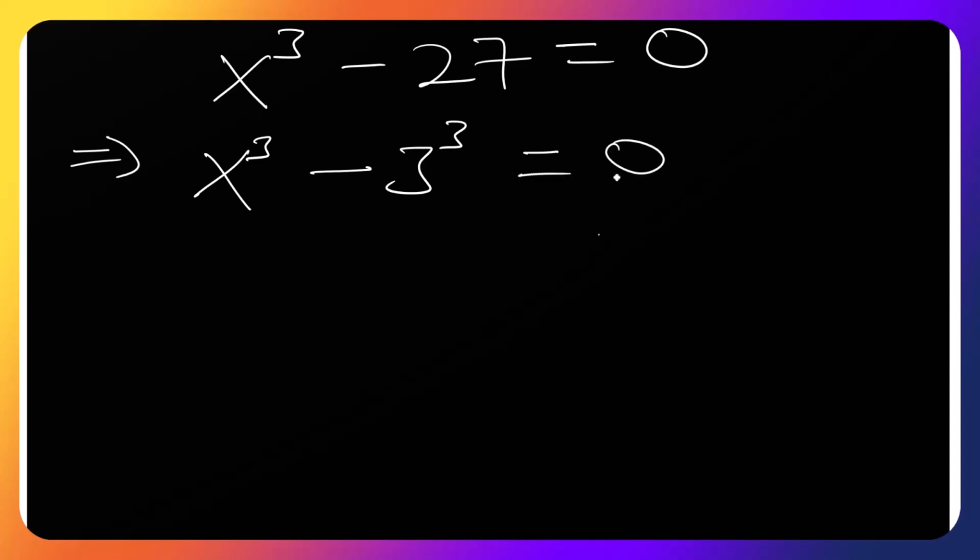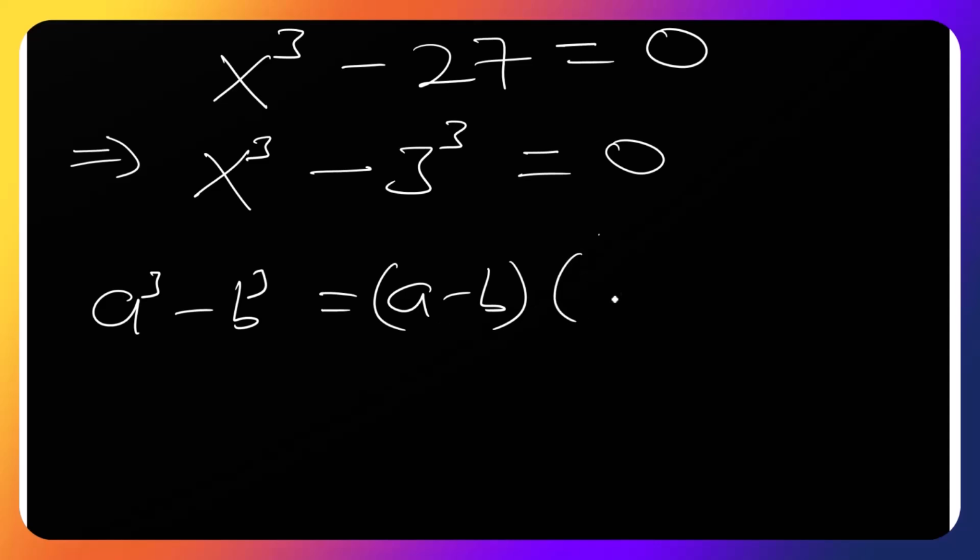So now when you have a cubed minus b cubed, it's the same as a minus b times a squared plus ab plus b squared.